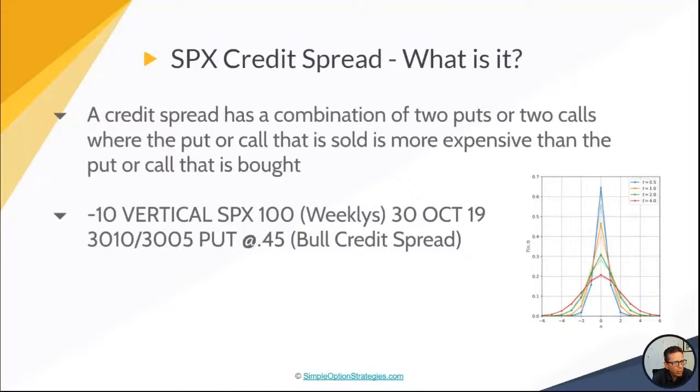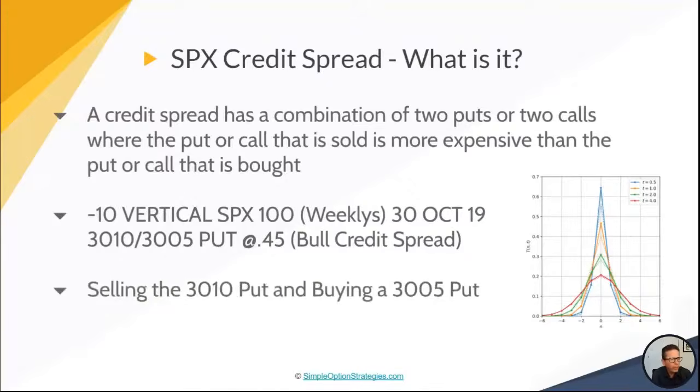This is a bull credit spread, which is a put spread. You're selling the 3010 put and buying the 3005 put, and those two premiums make up the credit.